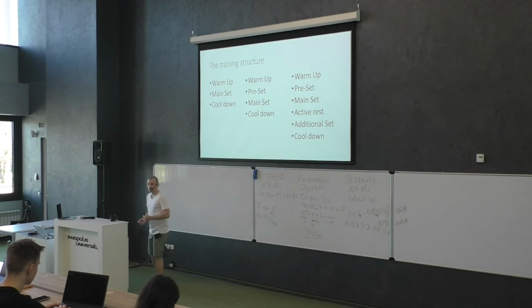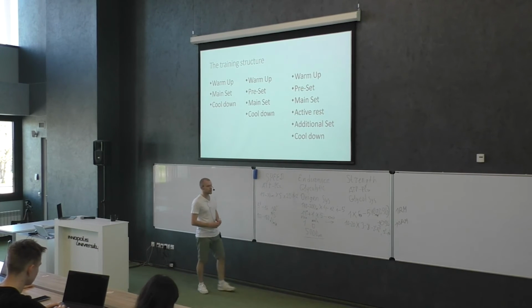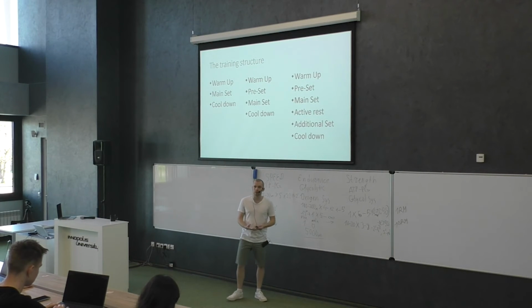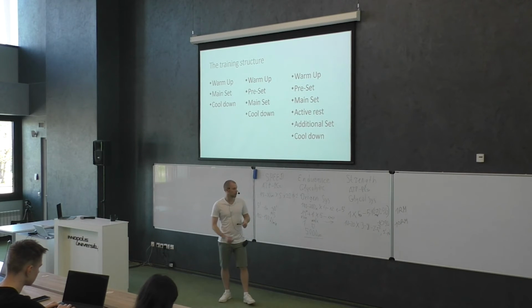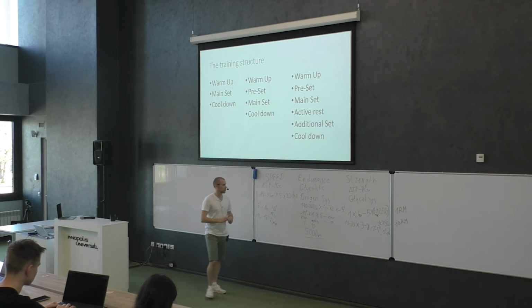You need to do also low intensity. This is a good idea to do low intensity oxidative training. It should be walking, running, cycling, for example. That means you need to decrease heart rate and utilize substrates. Two tasks of it.